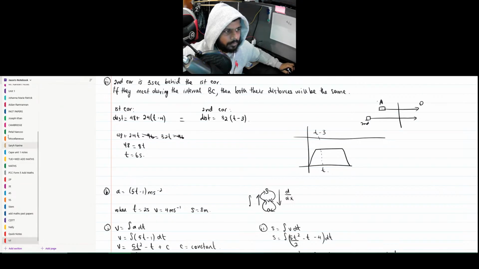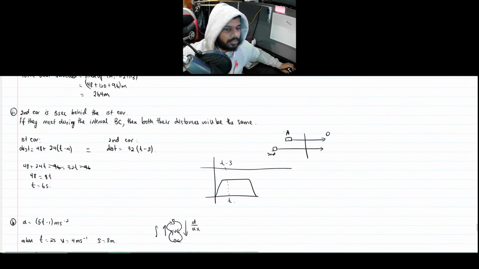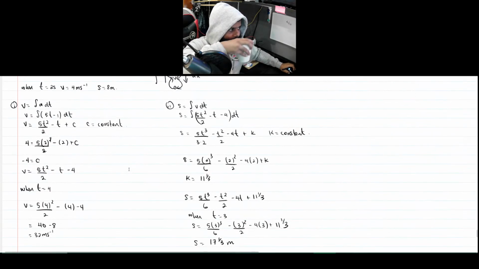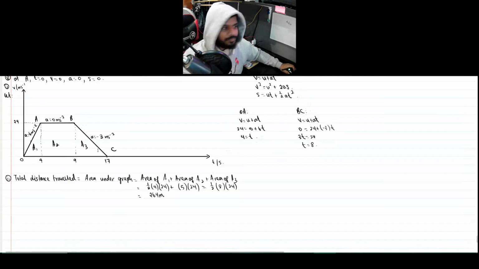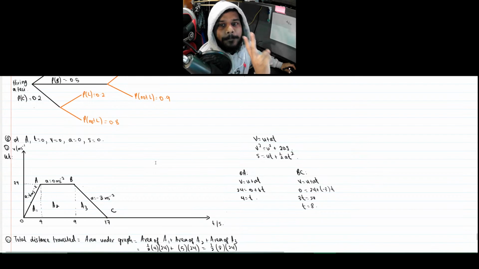Down here. Just give it a second, let it load. So again, I'm going to incorporate the velocity of the second car into my diagram.